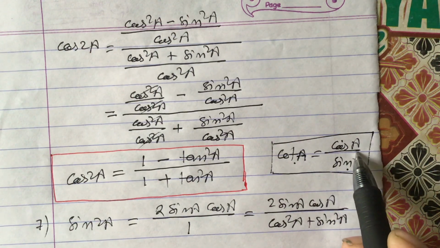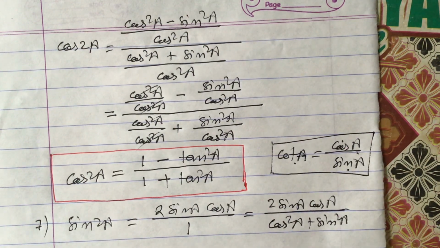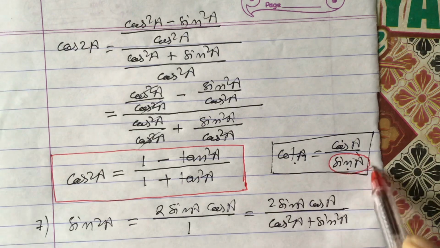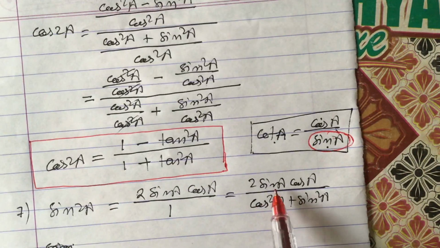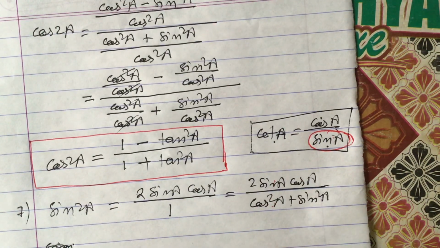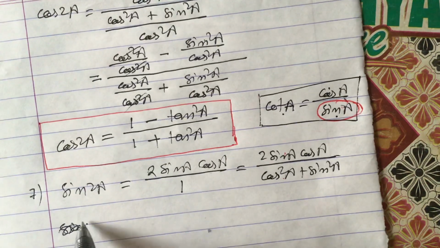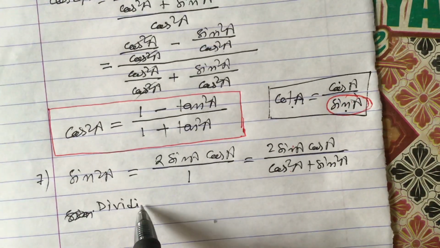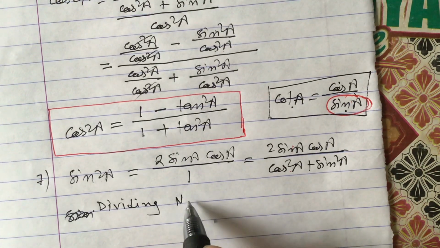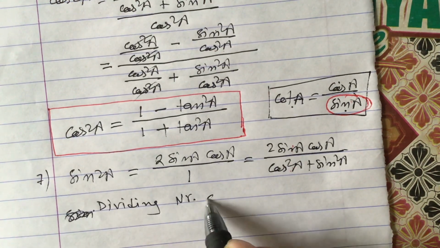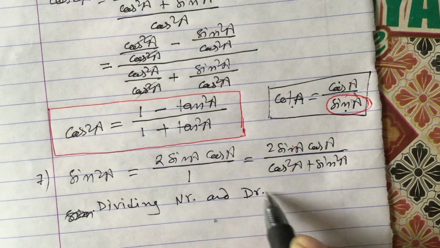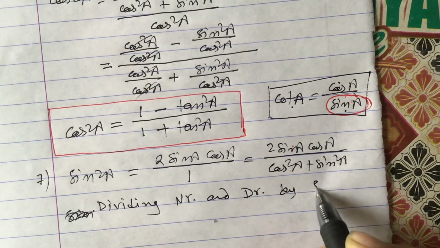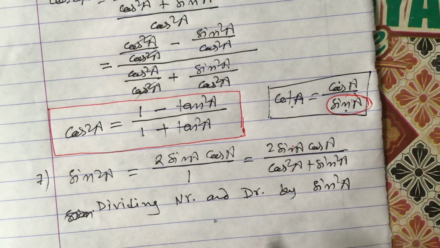In the denominator we need sine, so we have to divide both numerator and denominator by sine square a.